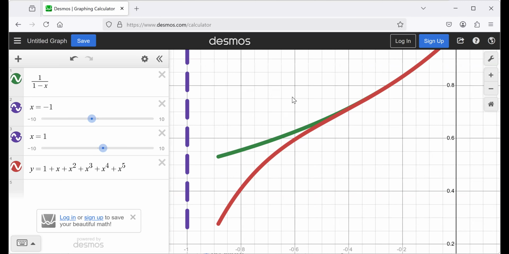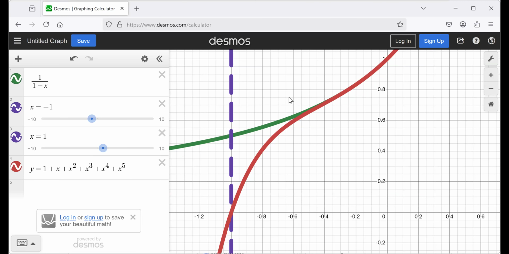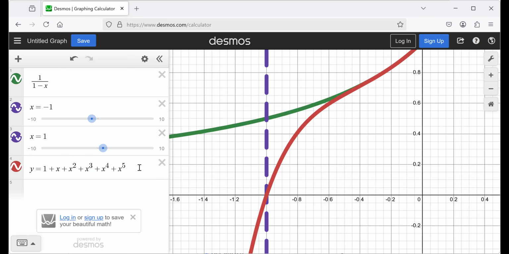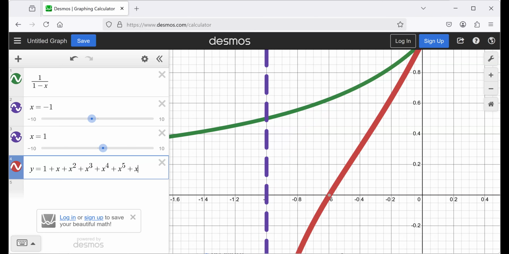What does bother me is that I can only write down so many terms before this starts being ridiculous. I've written down 5 terms here. 5 terms is already a lot. 6 terms, actually, because of the 1.